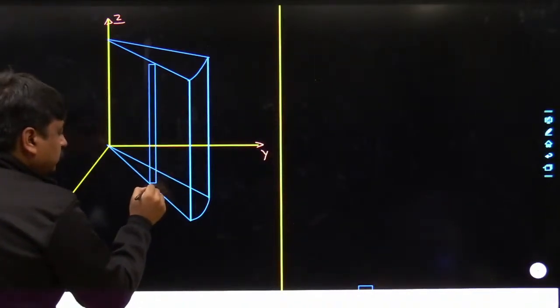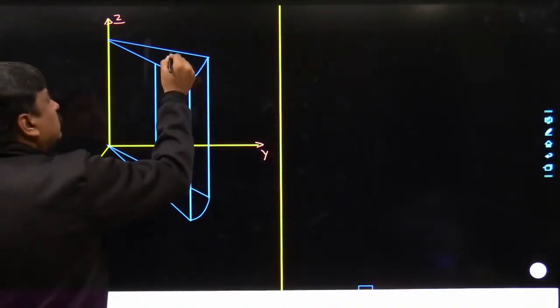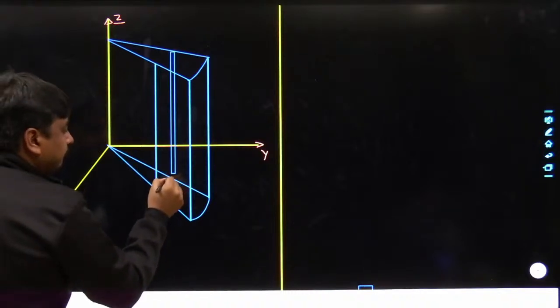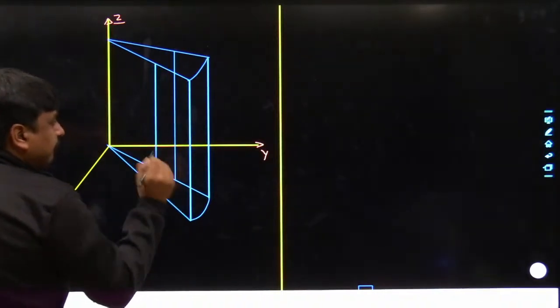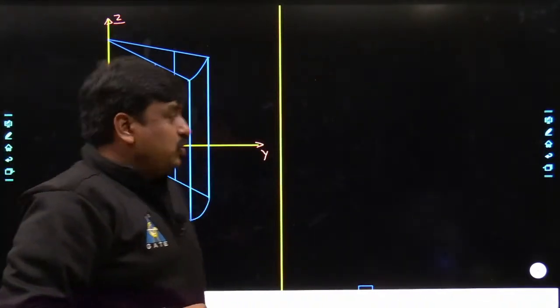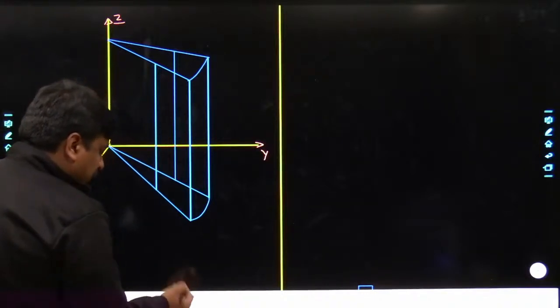One goes here and the another goes here. Probably you must be able to understand how the curve is exactly looking like.